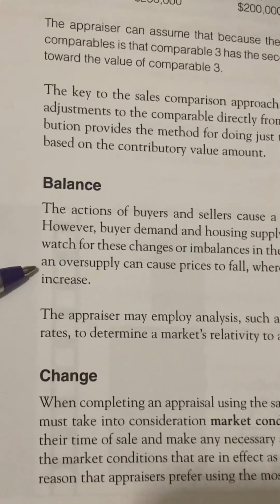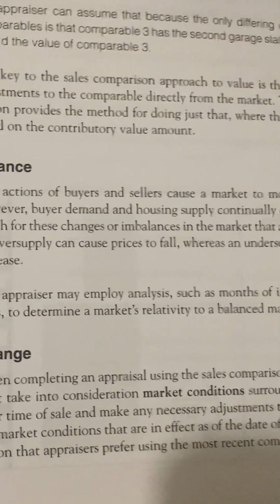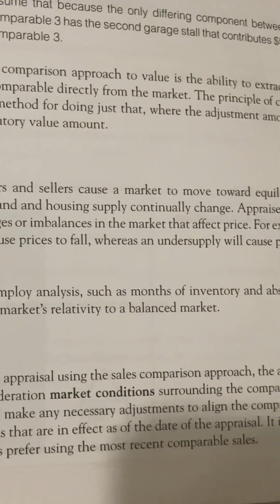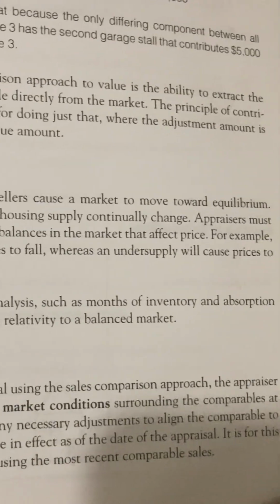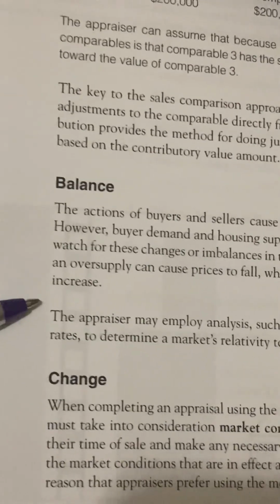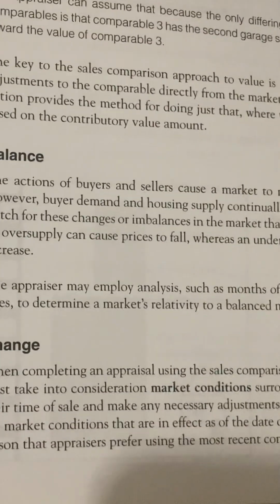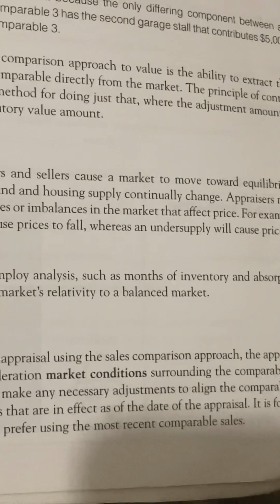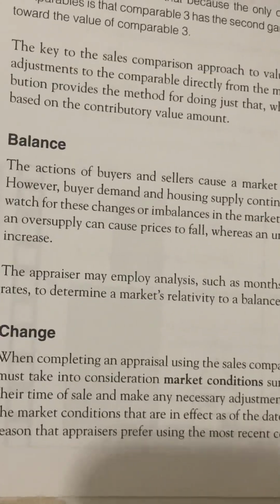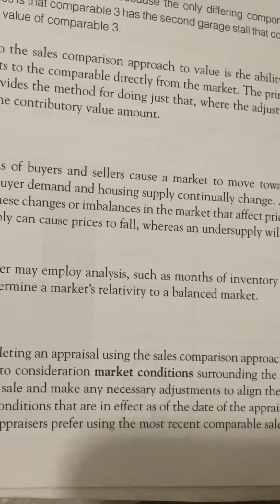For example, an oversupply can cause prices to fall, whereas an undersupply will cause prices to increase. The appraiser may employ analysis such as months of inventory and absorption rates to determine a market's relativity to a balanced market.